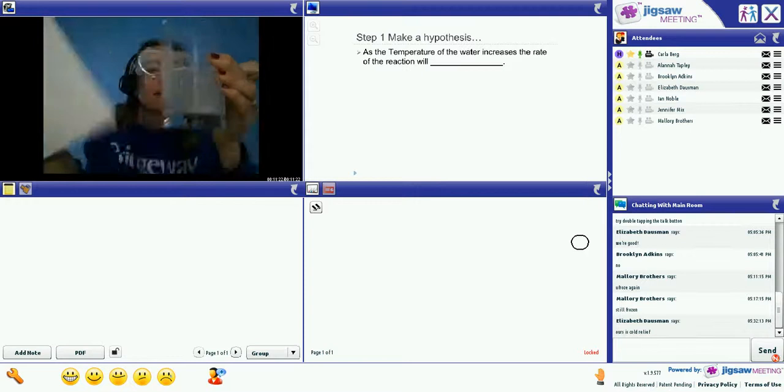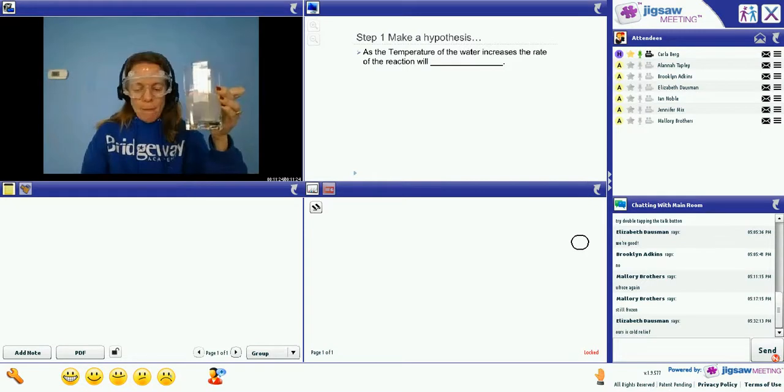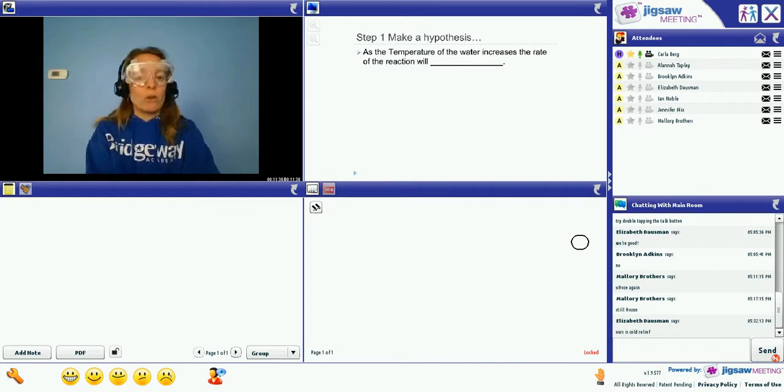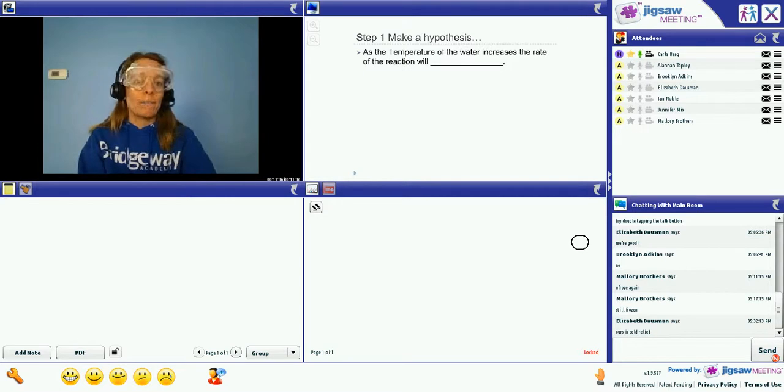So as I add heat to this water, as I make it either hotter or colder, is the tablet going to dissolve faster or slower? So if you think the tablet will dissolve faster in hot water, your hypothesis will be, as the temperature of the water increases, the rate of the reaction will increase.